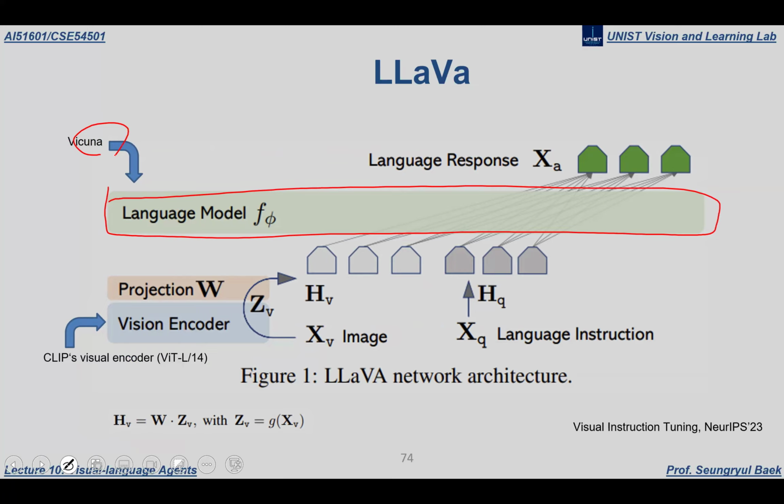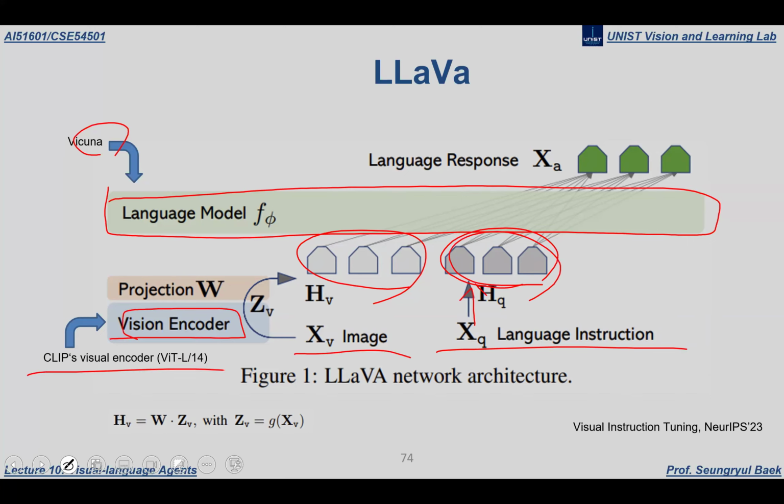And they are actually inputting two types of input. One is the language signal, so we are projecting the language inputs into some query. And then from the images, using the vision encoder, which is the CLIP visual encoder, we are projecting it to the vision prompt.